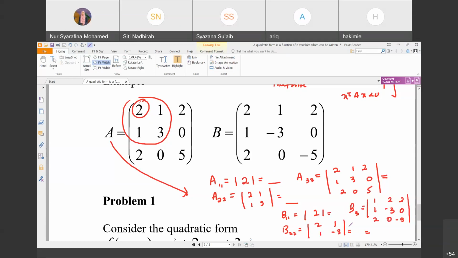Okay, anyone want to try? Of course, A11 and B11 is 2 here, right? What is A22? 5. A22 is 5, A33 is 13. 13. Okay. Then what can you conclude with the matrix A there?